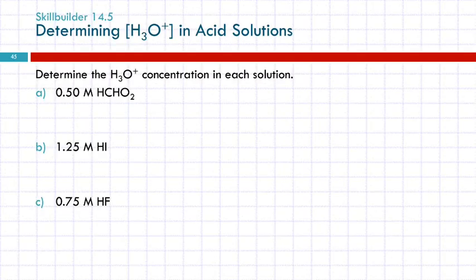So determine the hydronium ion concentration in each of these solutions. And what we have to do here is identify, are these weak acids or strong acids? So I'll help you out here and make a list of the strong acids.